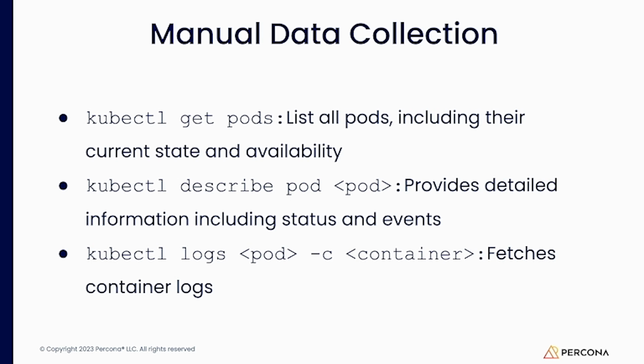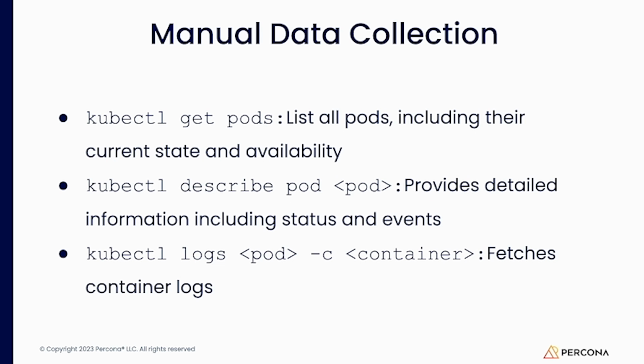Collecting data. Well, these are the manual data collection commands that you usually execute to collect that data. kubectl get pods lists all pods, including their current state and availability. kubectl describe pod provides detailed information including status and events, as we saw.